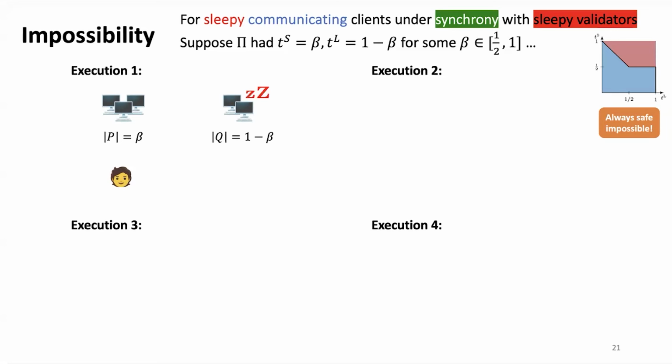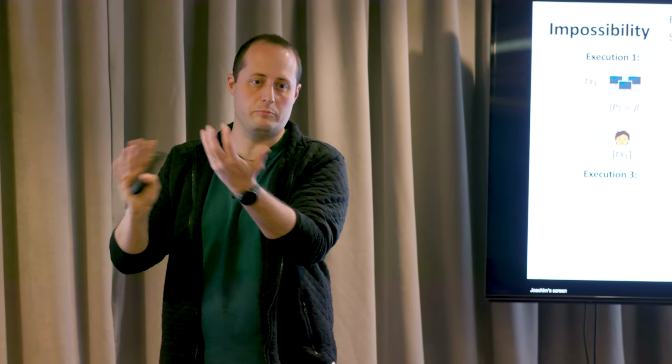We're going to put the validators in Q to sleep, because we're in the sleepy setting, and we're going to input a transaction into the set P. Then our honest client eventually, because the protocol is assumed to be live in this setting, the protocol is assumed to be live if 1 minus beta validators are corrupt, but here actually there's nobody corrupt. So definitely our client has to output that transaction TX.